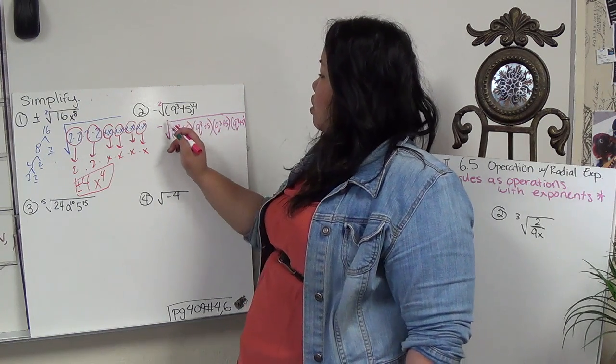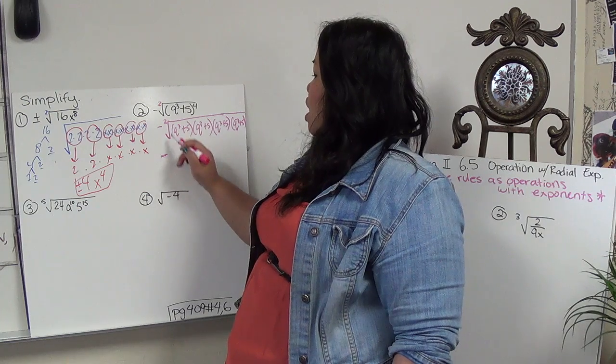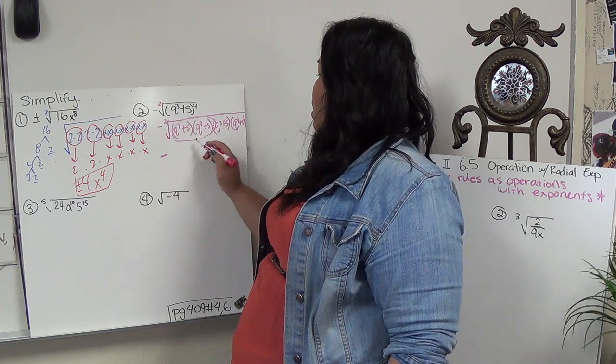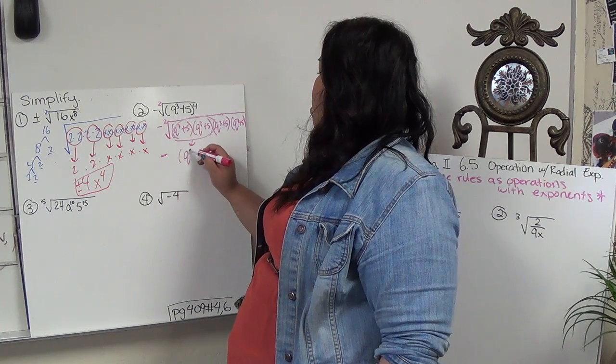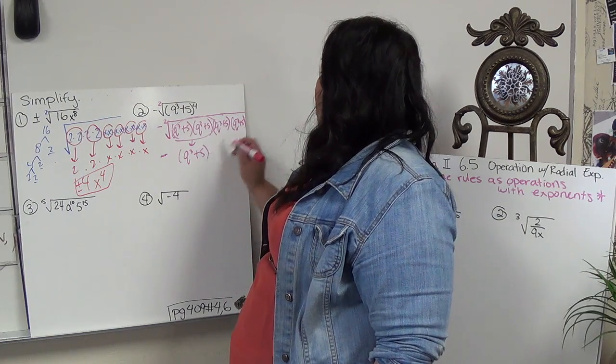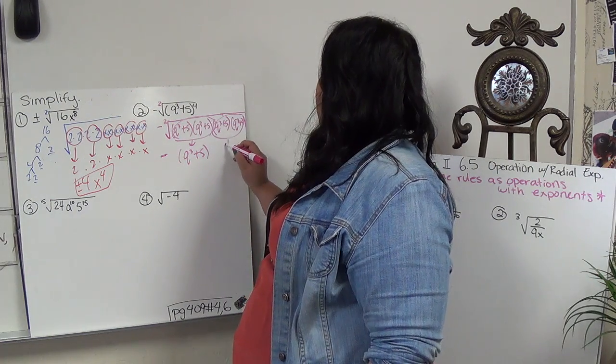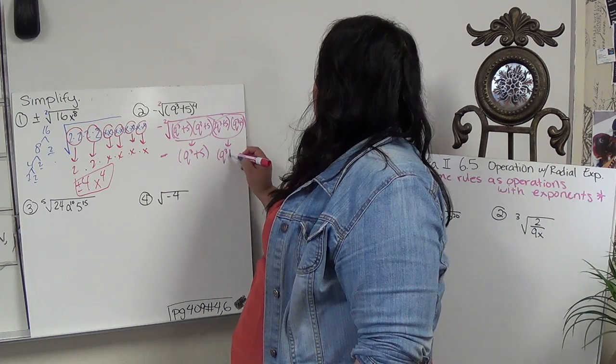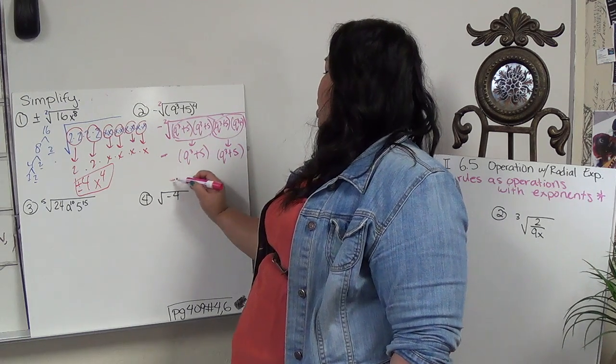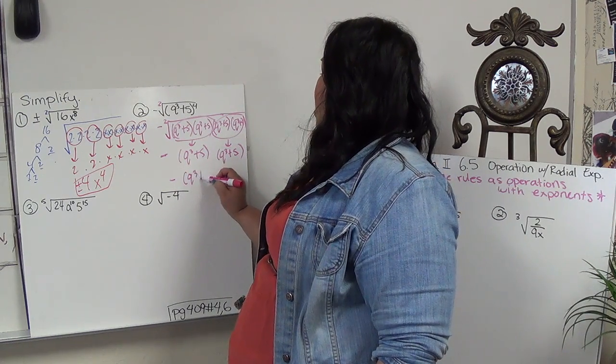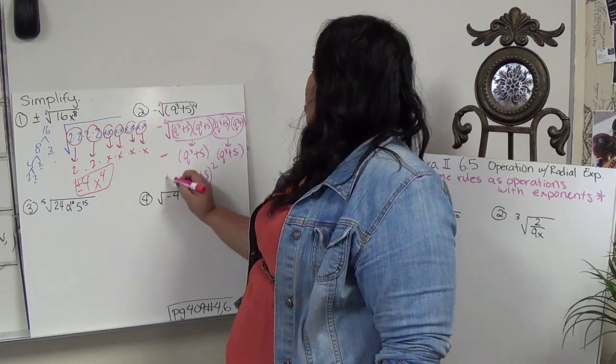So if I have 4 of those and this is 2, I'm going to bring the negative down and it's just a set of 2. Here's one set of 2. So it's cubed plus 5 and another set of 2. Cubed plus 5. So basically this is negative q cubed plus 5 squared.